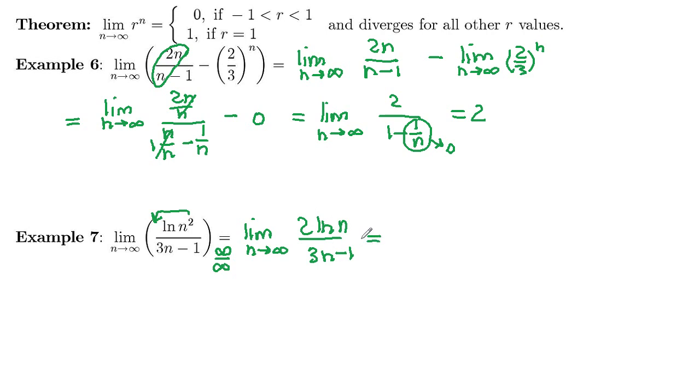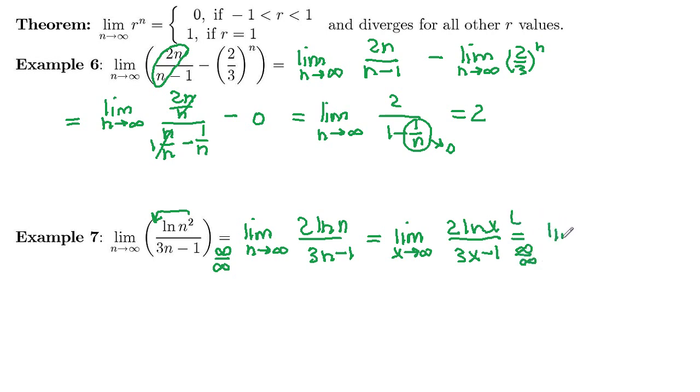Okay, and then L'Hopital's rule is only for continuous functions, so we have to change this to limit as x goes to infinity of 2 natural log x over 3x minus 1. Now that is infinity over infinity, and it's continuous. We can use L'Hopital.